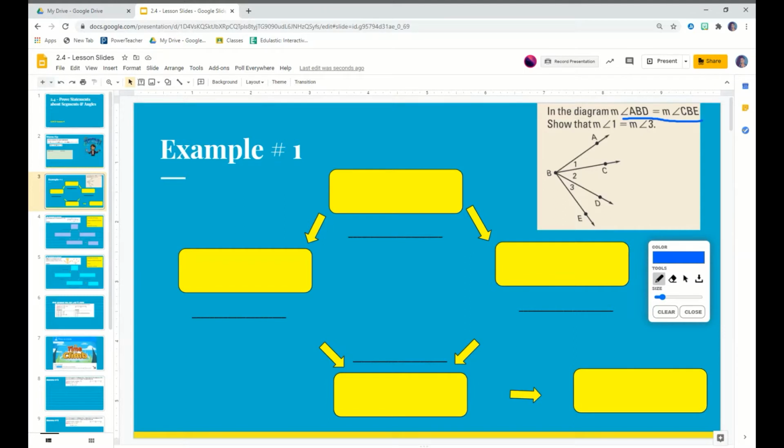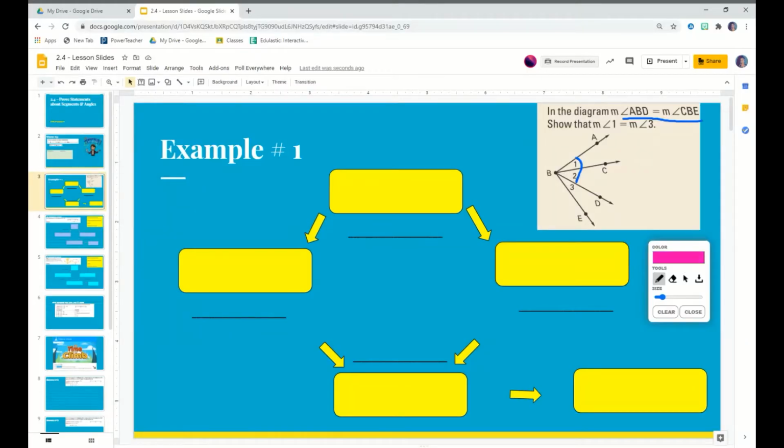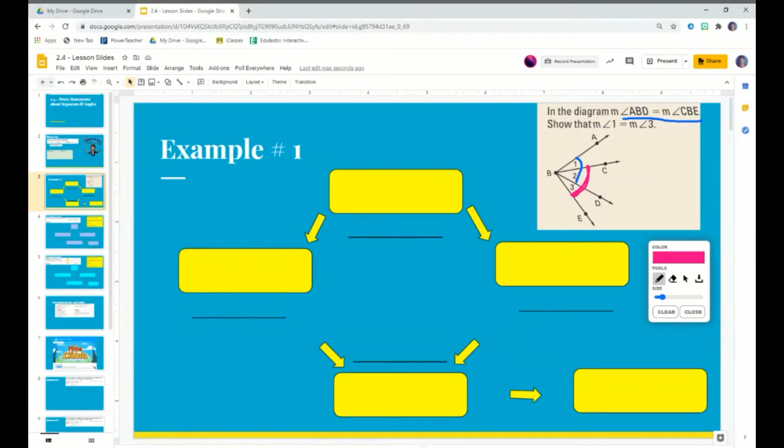ABD goes from points A, B, and it's the angle in between A, B, and D. So here's ABD, is equal to angle CBE. CBE is going to be from point C, B all the way to E. So that is actually this entire angle in pink.